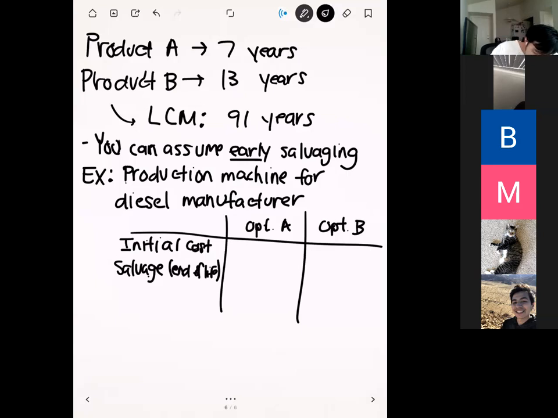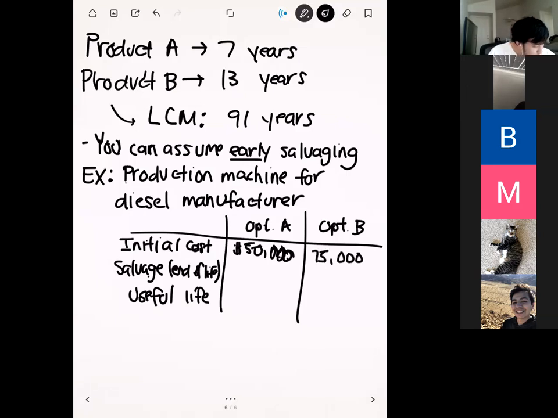And then down here is the useful life, so for how long you can use these products. Okay, so option A has an initial cost of $50,000, and option B has an initial cost of 75,000.